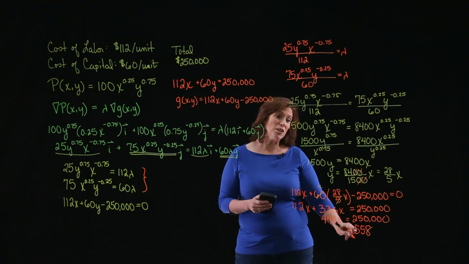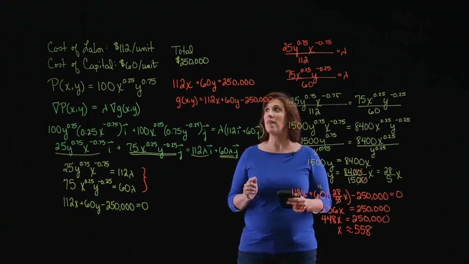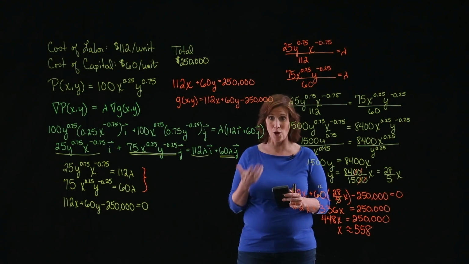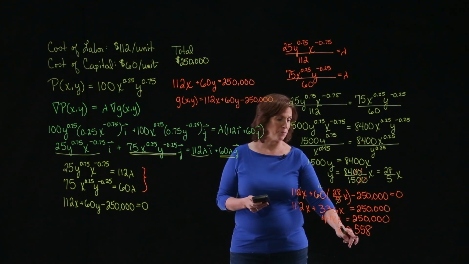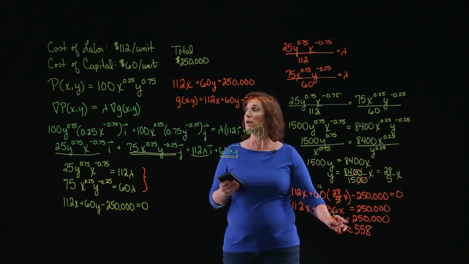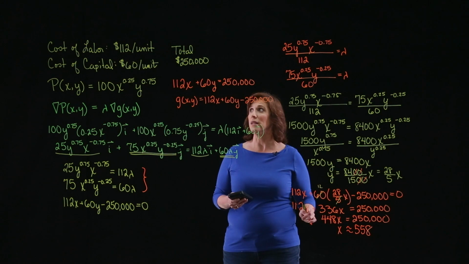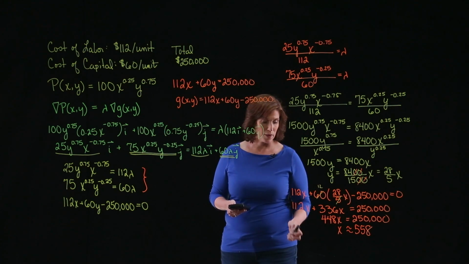Now, it's actually a little bit bigger than 558, but remember, I want to make sure that I don't exceed my $250,000 target for the total amount spent. So I'm going to make sure I've rounded this down just a little bit. So it looks like I'm going to get my maximum production when I use 558 units of labor, because remember, x represented the number of units of labor.